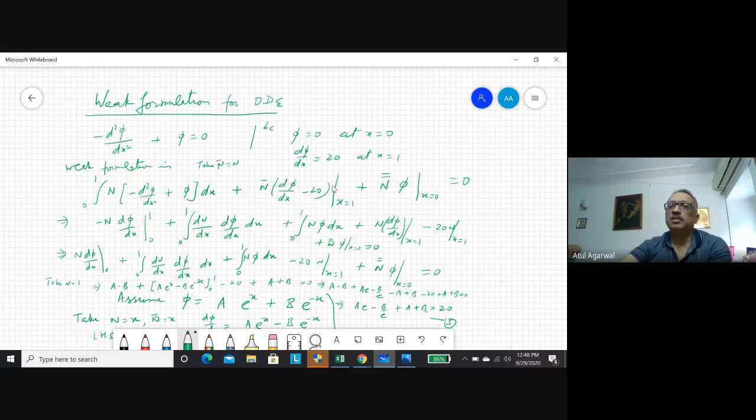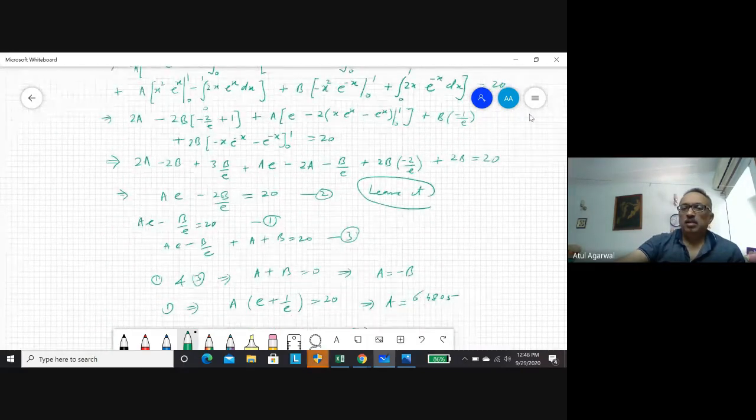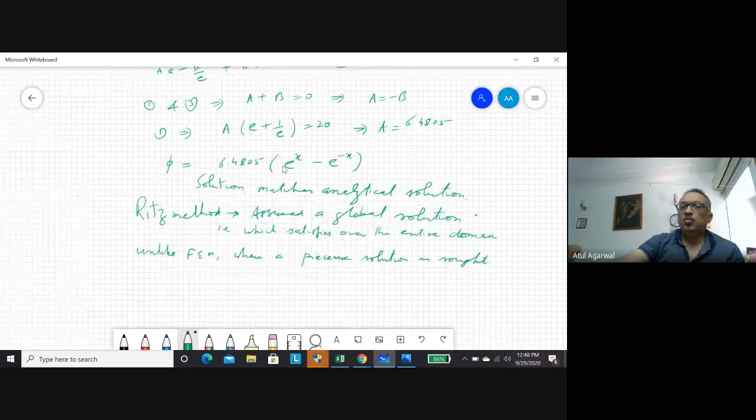You see, at x equal to 0, you are getting phi is 0, where our function is e^x minus e^(-x). So at x is equal to 0, you get a 0. And you will find that this condition is also exactly satisfied. If you put x is equal to 1, you will find that dphi/dx will be 20.